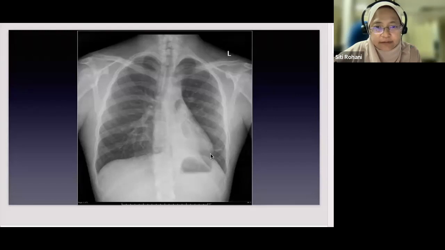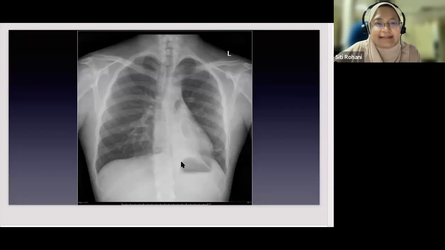We can see the left heart border very well, but the right heart border is obscured. So with shifting of the airway to the left, the right heart border is also shifted to the left. So now are we dealing with some kind of volume loss on the left side?